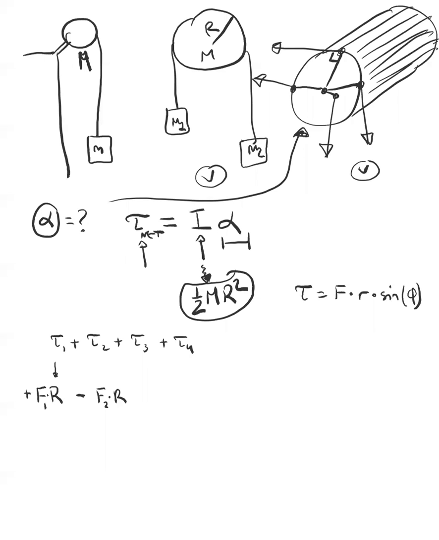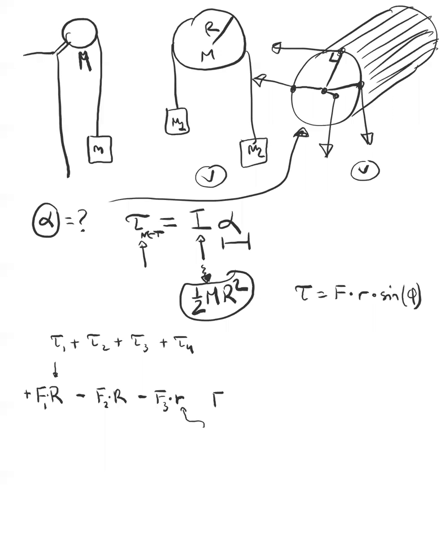Let's move to force 3. For force 3, again, I have a negative sign because it's trying to rotate me clockwise. I will have force 3 times R. So pay attention to this R. This R is different from the radius because the force is applied at a point inside the cylinder. And my angle is 90 degrees, so this is multiplied by 1. And now I have force F4.